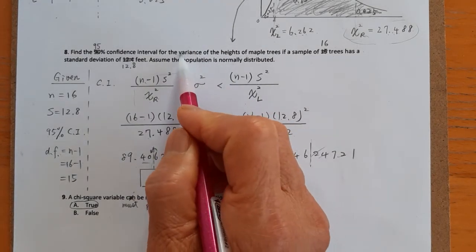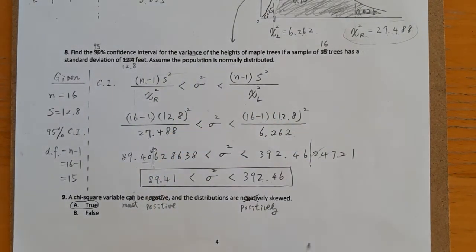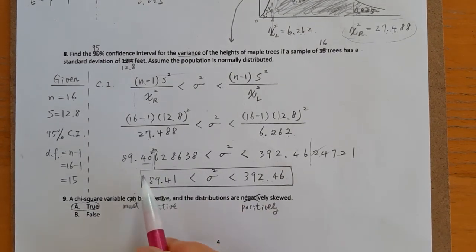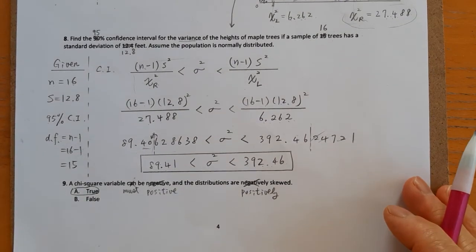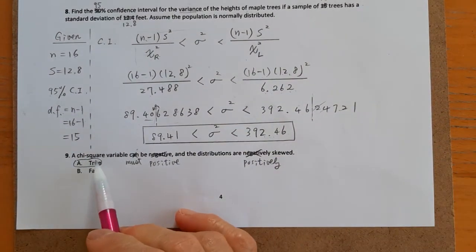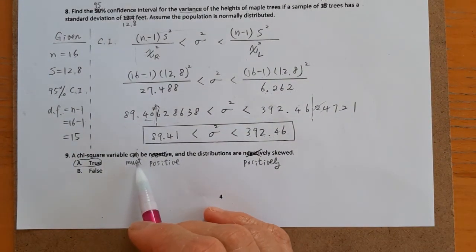For an interval for standard deviation, you just take the square root: take the square root of 89.41 and the square root of 392.46.